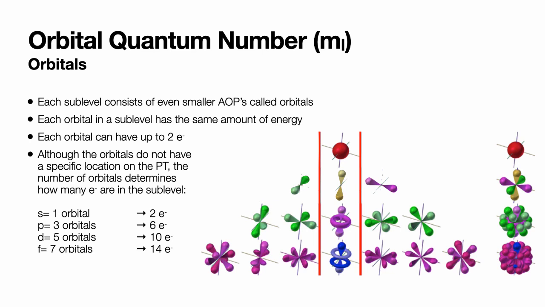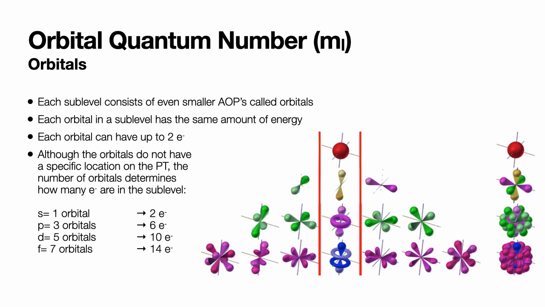If you can't remember that, go to the periodic table, count up. You're going to need to know where the S, P, D, and F blocks are on the periodic table. But if you know where they are, then all you've got to do is count, and then divide by 2.